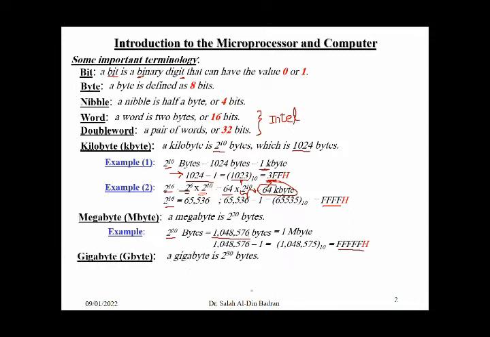Gigabyte is 2 to the power 30, and in decimal it is a very big number of bytes.